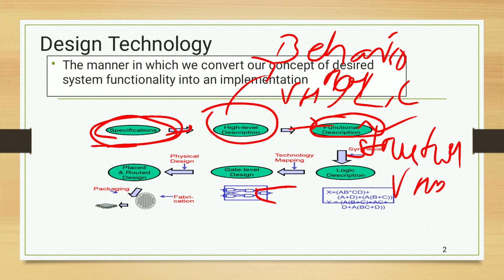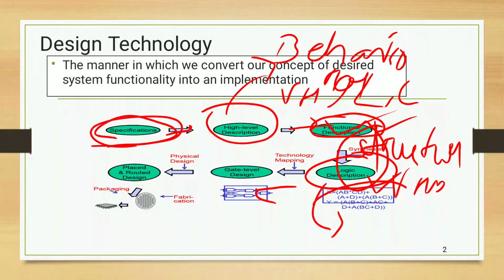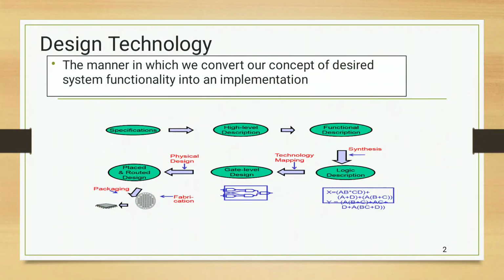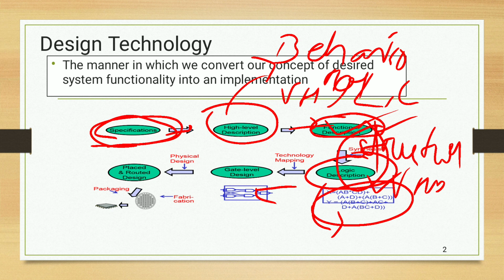Now, functional description to logic description is called synthesis. This logic description contains the logical expression. Now logic description to gate level description is the technology mapping. Now this process is the mapping process.